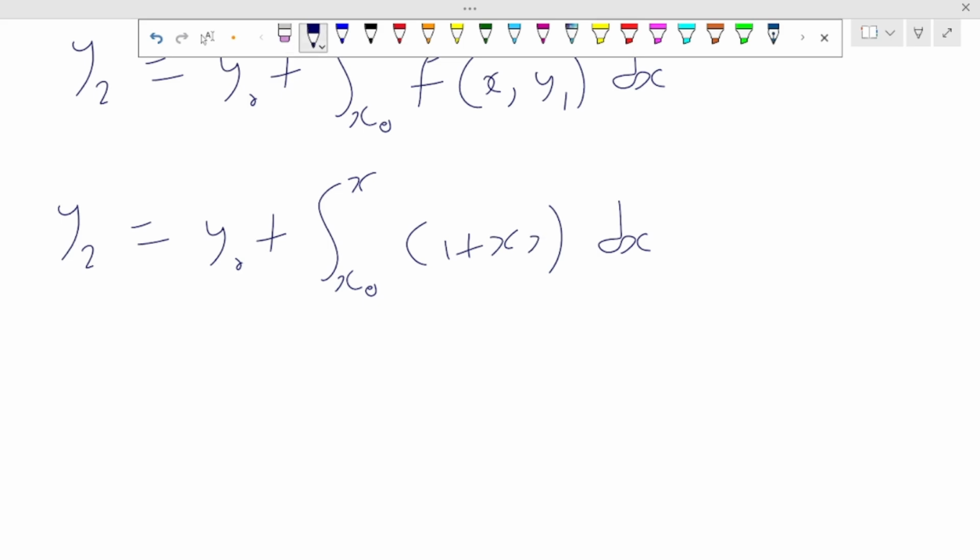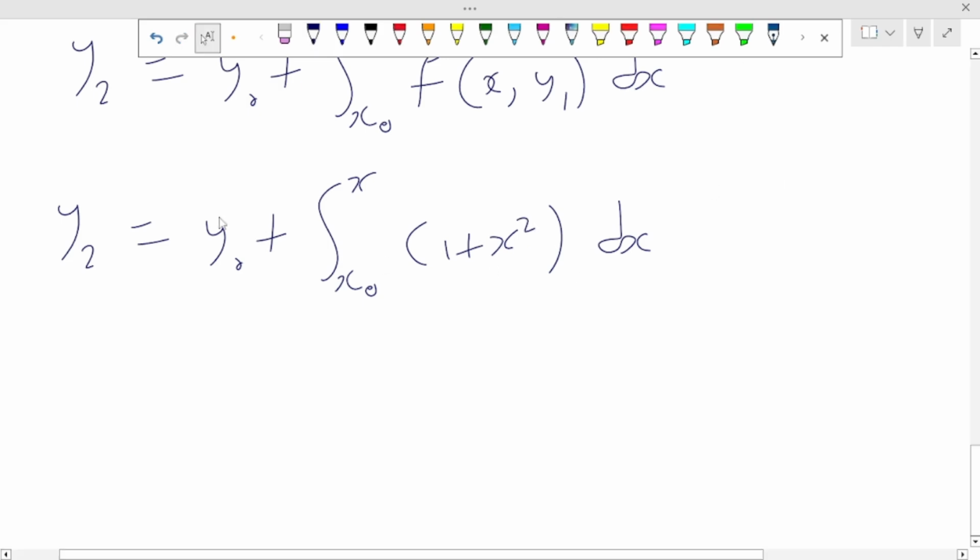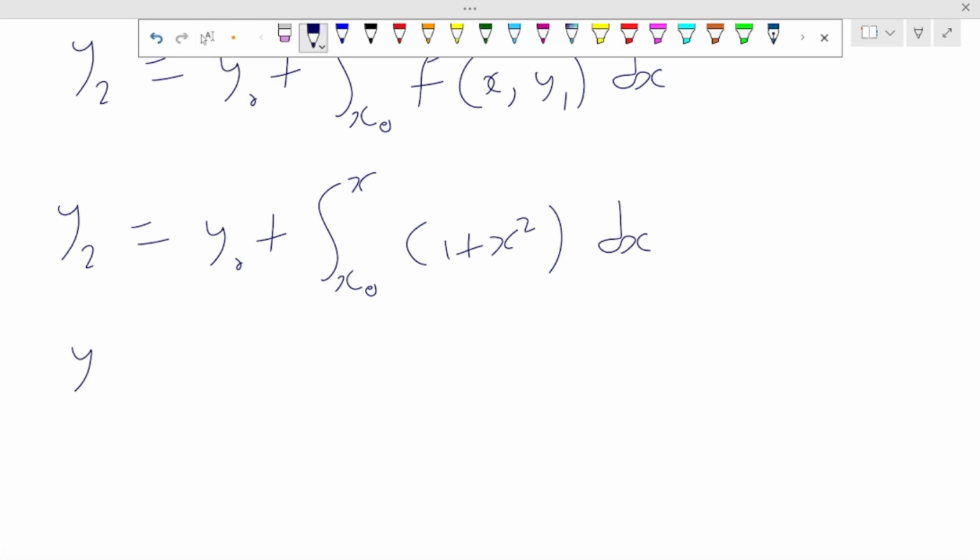So x multiplied by x, that's x squared. So I just take this out and put the square here, x squared. We integrate this, and this will now give us y2 equals 0 plus, so if we integrate this, we are going to have x plus x cubed over 3.